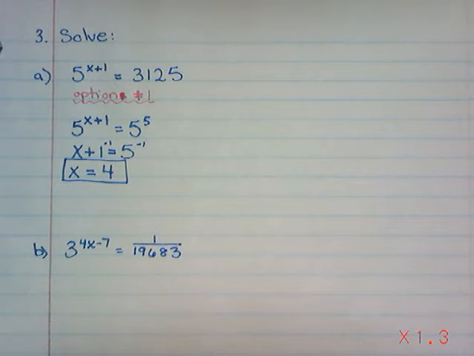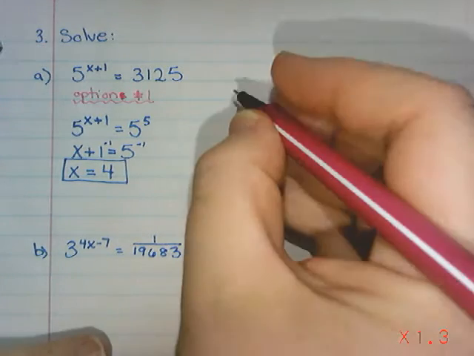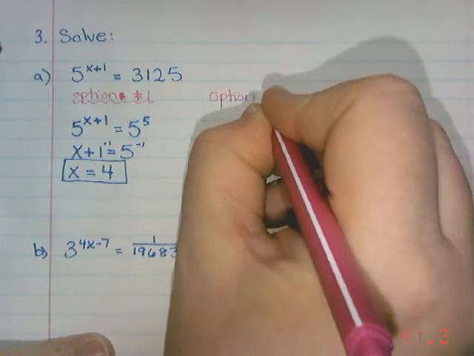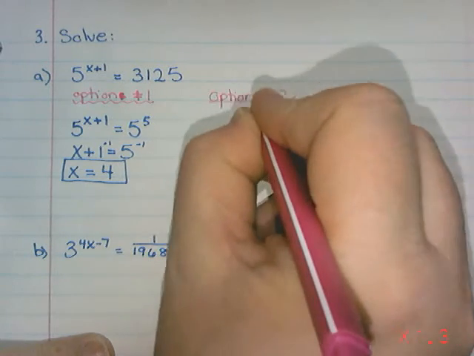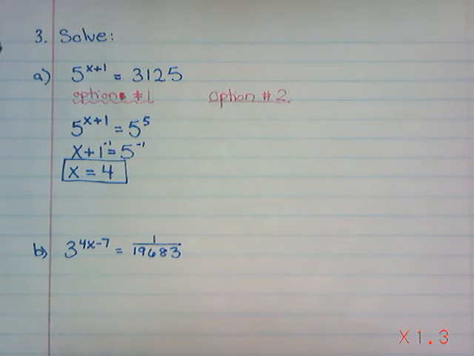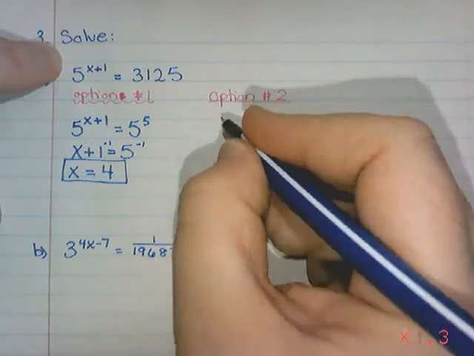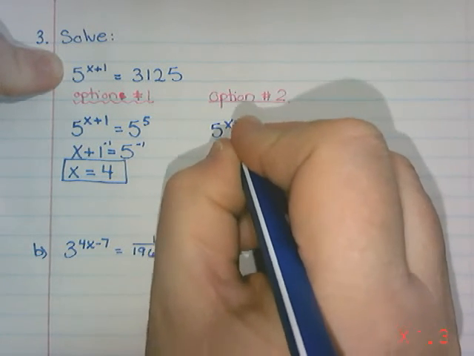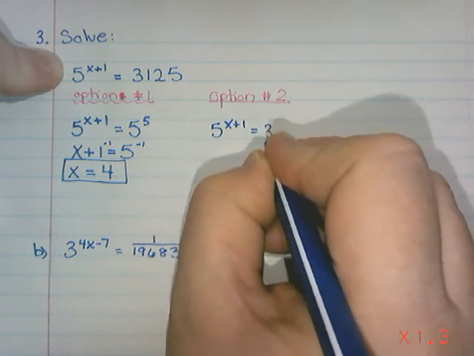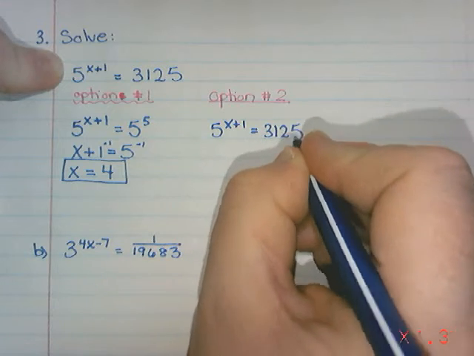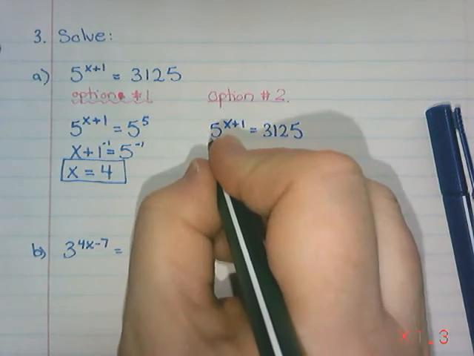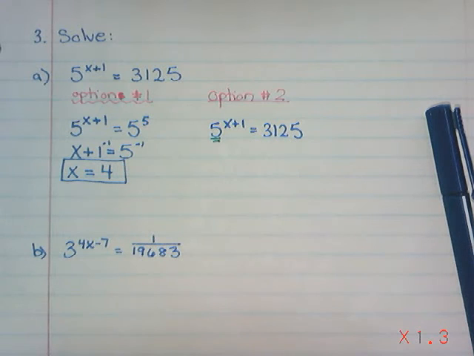All right, option number 2 is to rearrange. So if I take 5 to the x plus 1, I'm just going to rewrite it back down, equals 3,125. I could try to find a way to eliminate a base of 5.